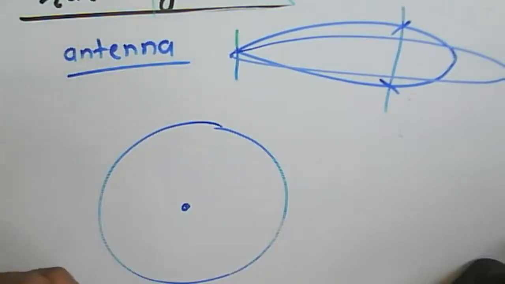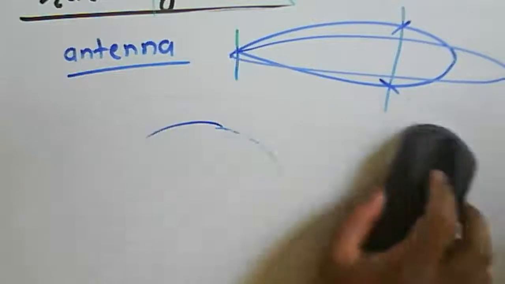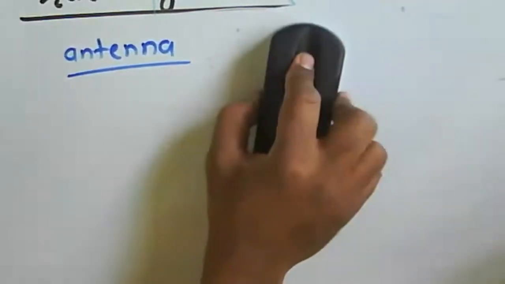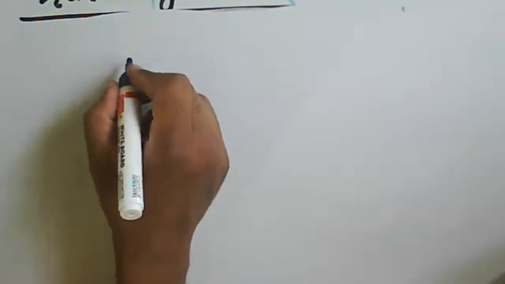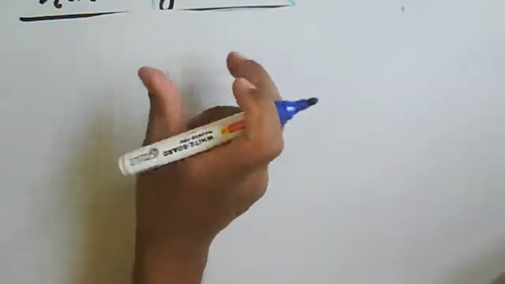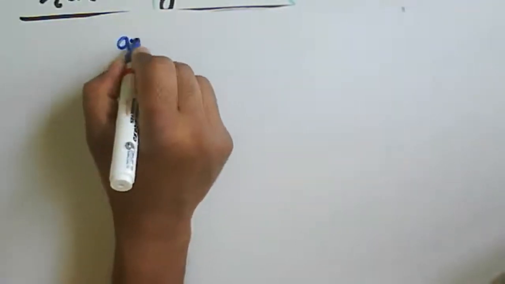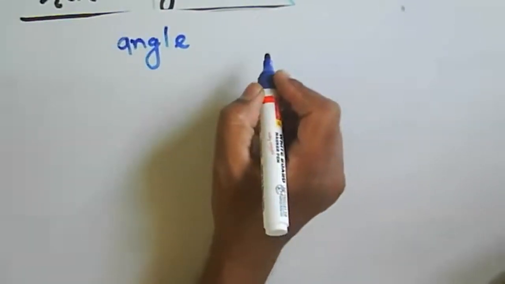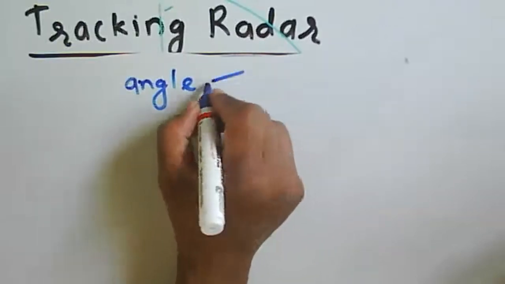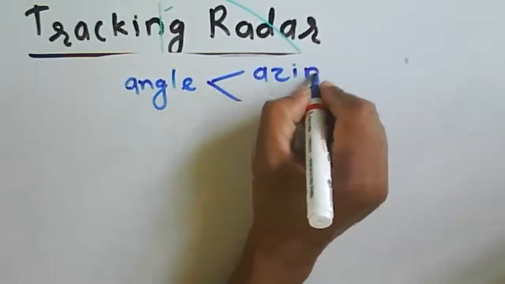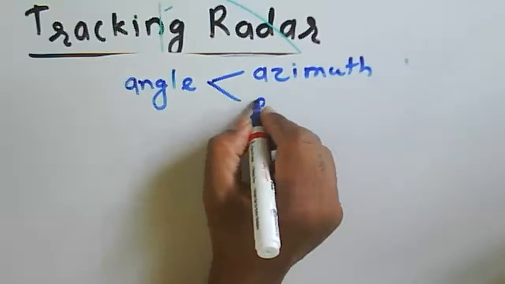That pencil beam can detect the target, it is useful for detecting the target, and it will provide the location in terms of angle. In terms of angle we are getting the azimuth and elevation.